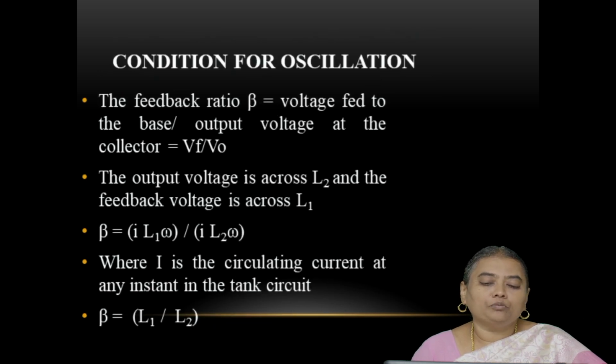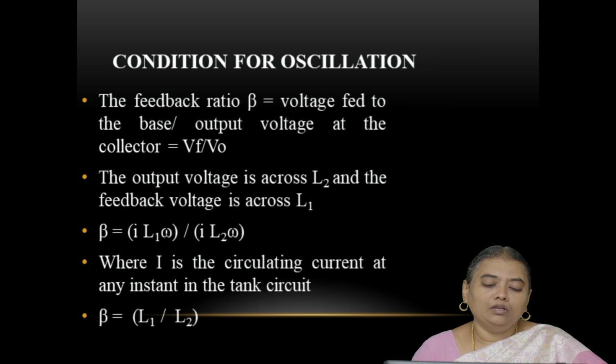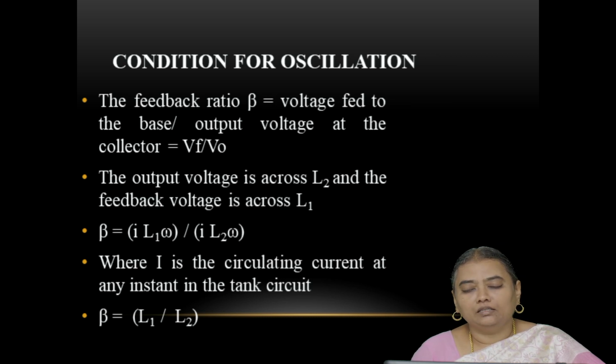The feedback ratio beta is equal to the voltage fed to the base divided by the output voltage at the collector, that is VF divided by VO. The output voltage is across L2 and the feedback voltage is across L1. Therefore, beta is equal to I times L1 omega divided by I times L2 omega, where I is the circulating current at any instant in the tank circuit.